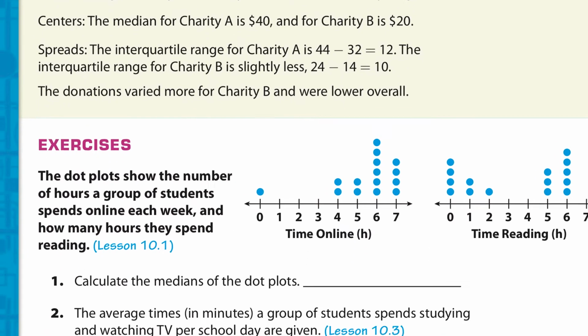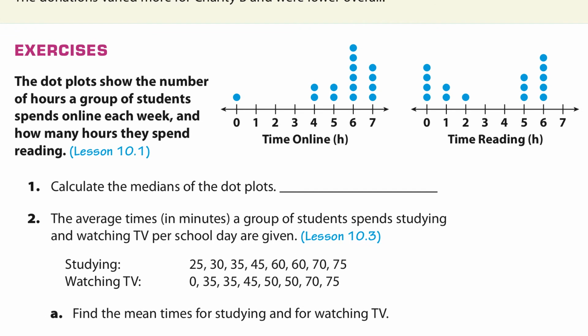Now let's get to these dot plots. This was the first section, and here they want the medians of the dot plots. So the medians of the dot plots, you gotta do this. You gotta knock this off and that and that and that.